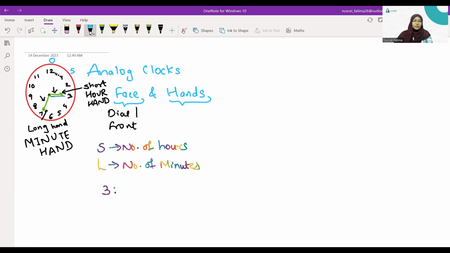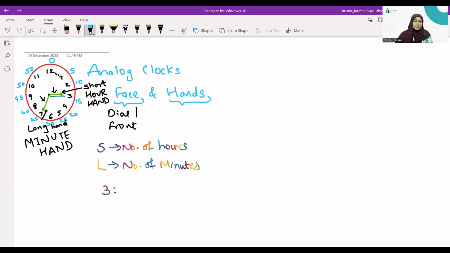Then 1 is 5 minutes, 2 is 10 minutes. If the minute hand points at 3, it's 15 minutes. Then 20, 25, 30, 35, 40, 45, 50, 55, and lastly it comes to 0, which is 60 minutes. So this is how you read the minutes.